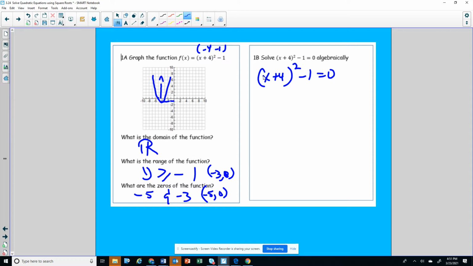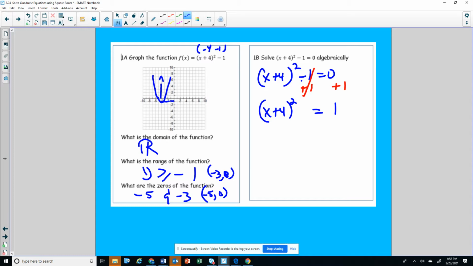I have a -1 here, so I want to get rid of it. I'm going to add 1 on both sides, and so that goes away. I'm left with x plus 4 squared is equal to 1.